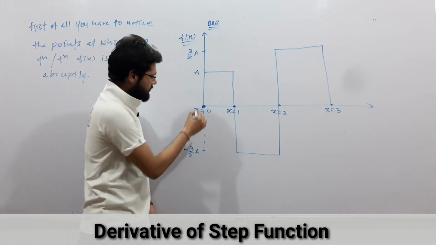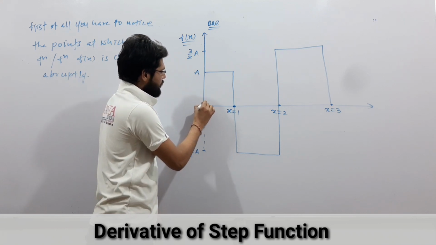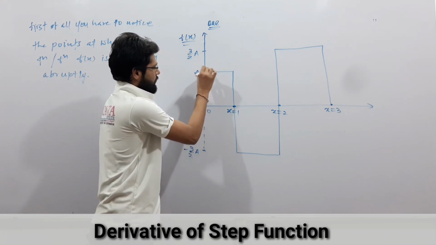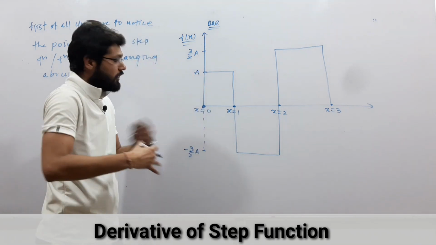So one point is x equal to 0. At x equal to 0 it is a, so it has changed abruptly, suddenly.